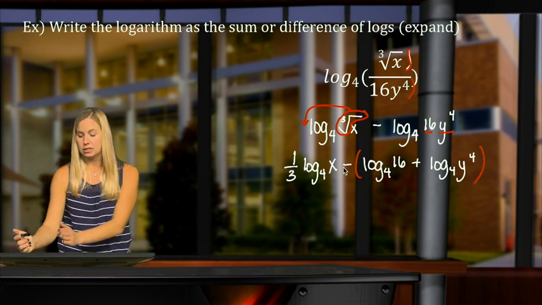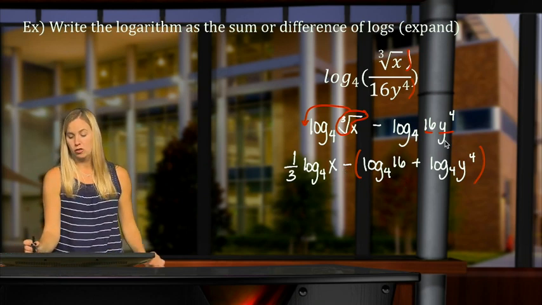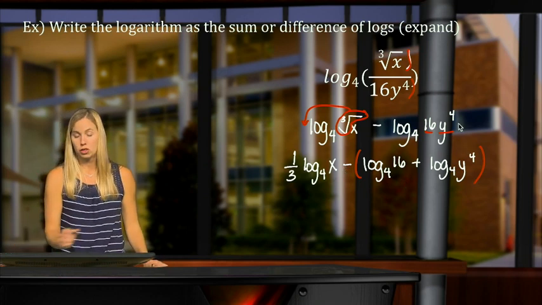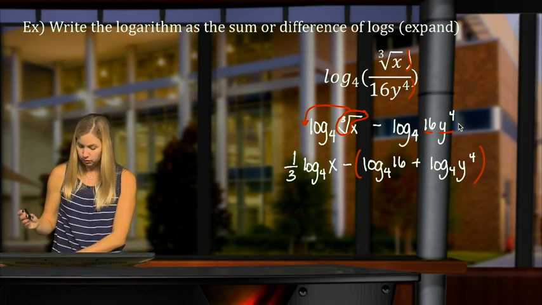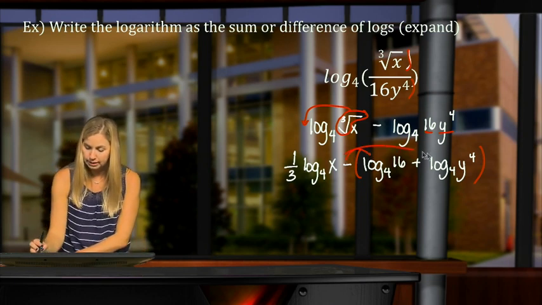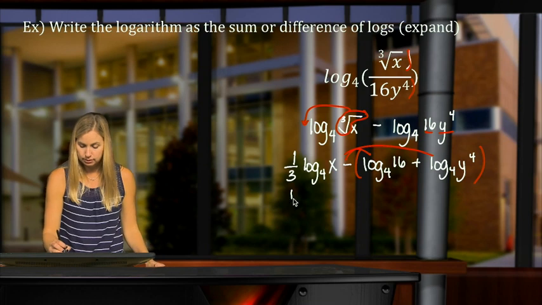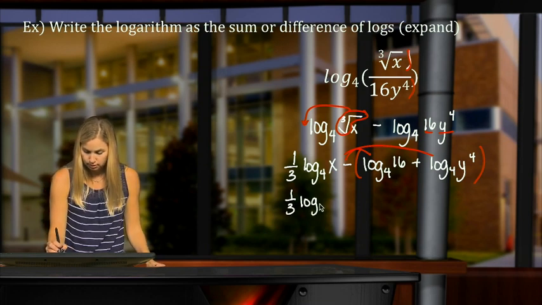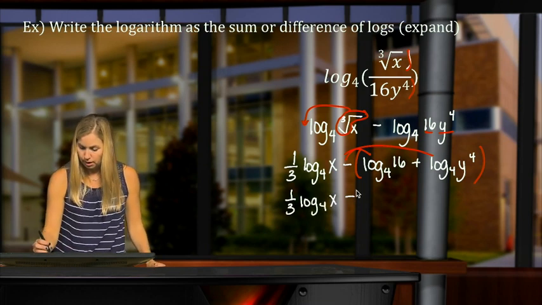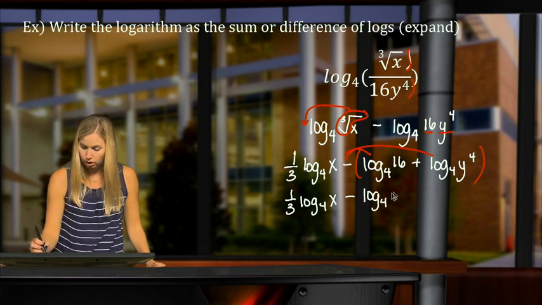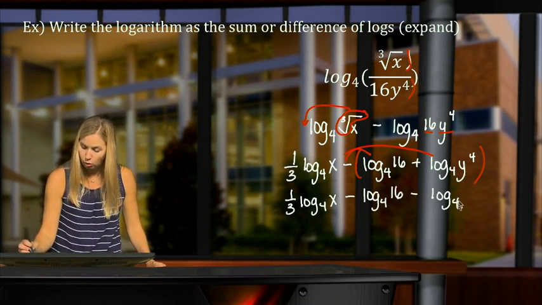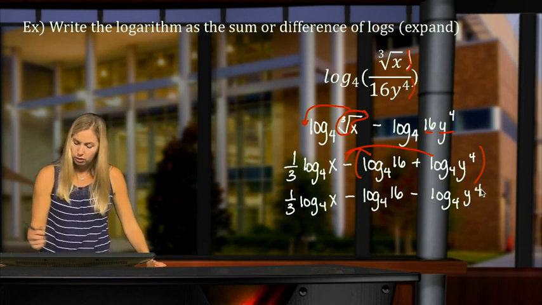The parentheses are keeping that entire expression of log base 4 of 16y to the 4th together. But I can distribute that minus sign to get rid of the parentheses. Minus log base 4 of 16 minus log base 4 of y to the 4th.